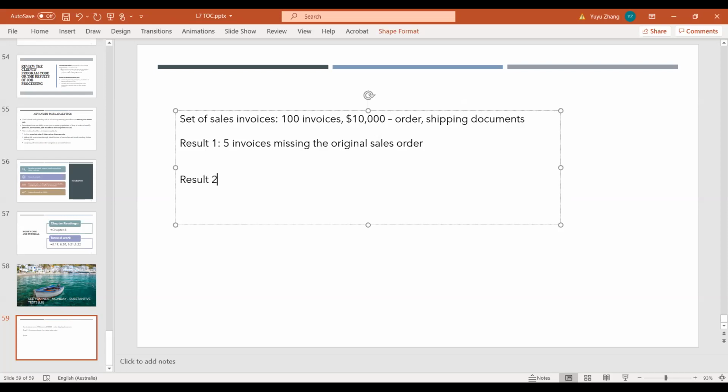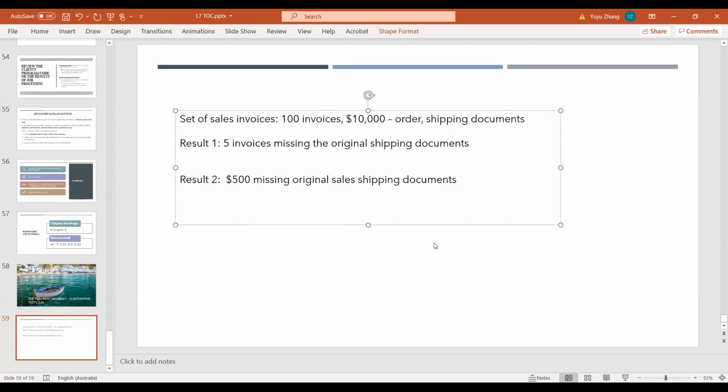In result 2, for those 5 invoices, the total value missing the sales orders, let's say, is $500.